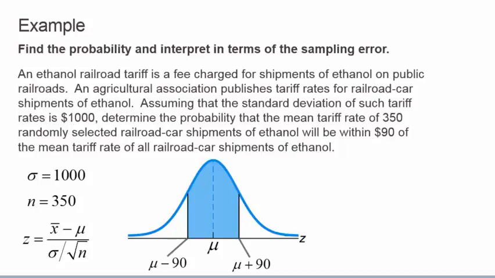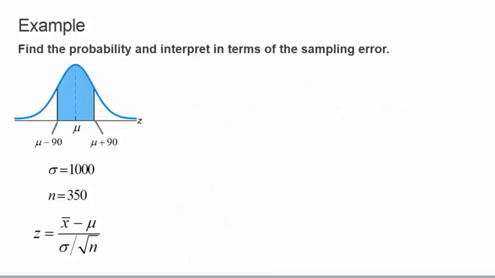And I'm going to use my formula for z, which equals the sample mean minus the population mean divided by the standard deviation divided by the square root of the sample size. So now I want to substitute what I know. My population mean minus 90 represents a sample mean, and my population mean plus 90 also represents a sample mean.